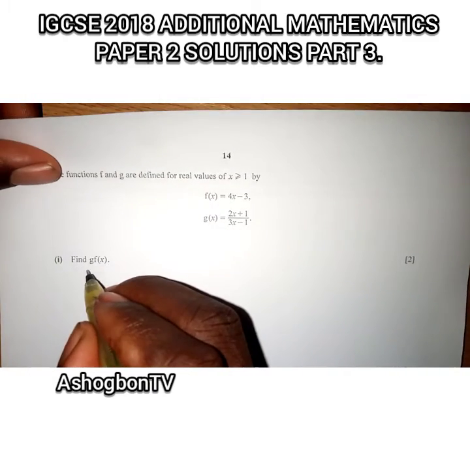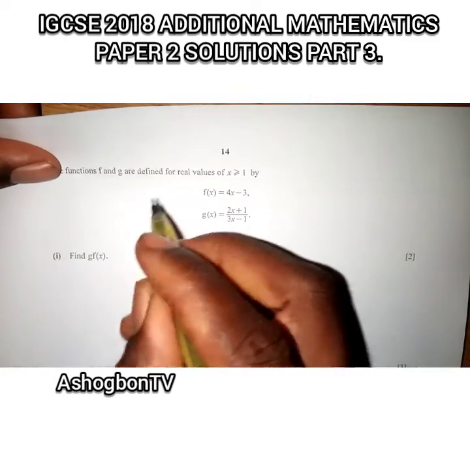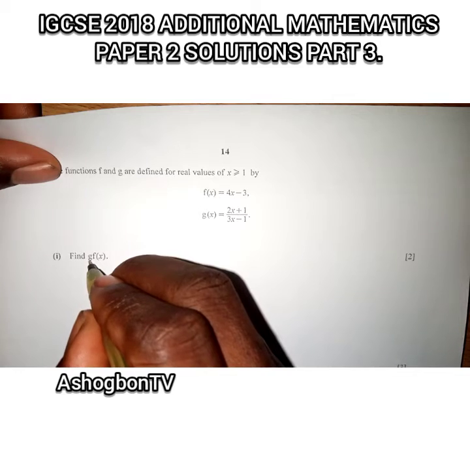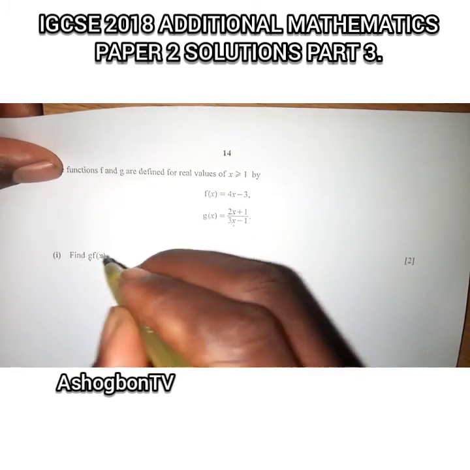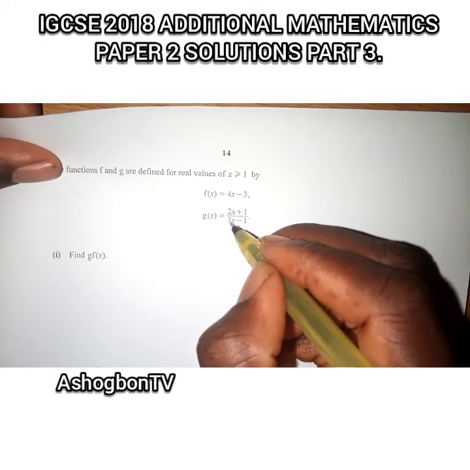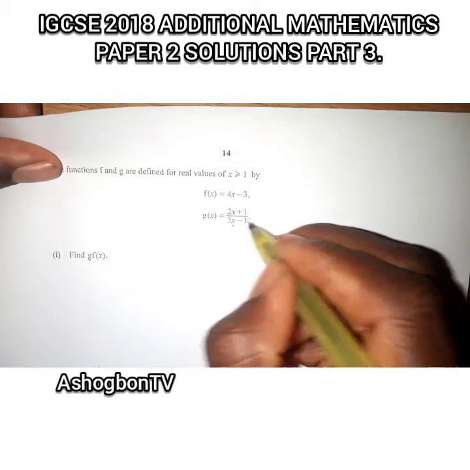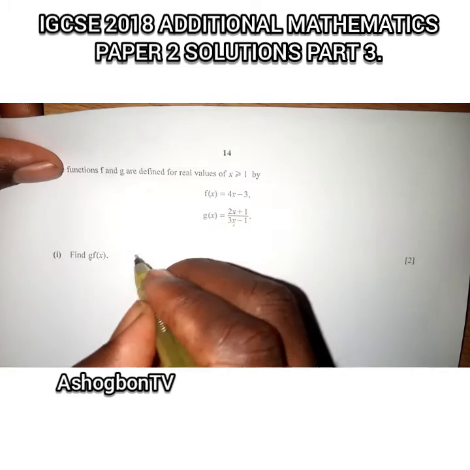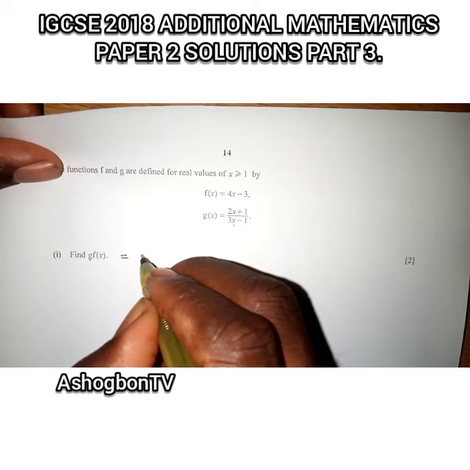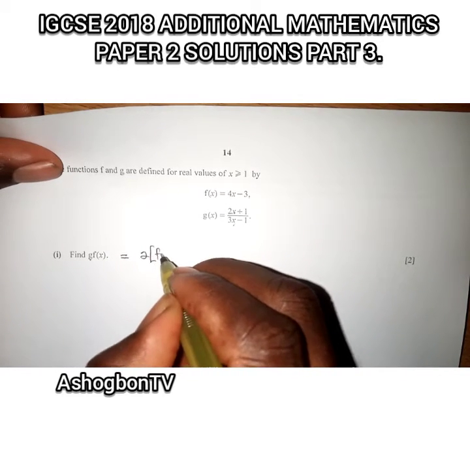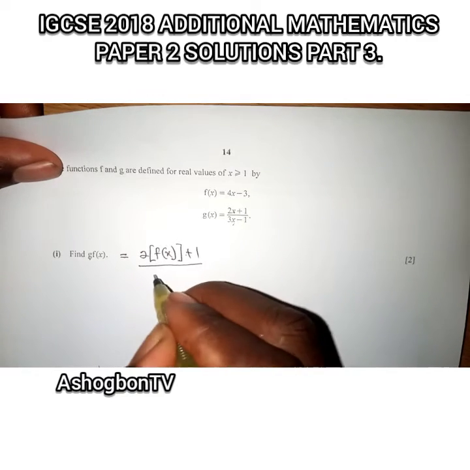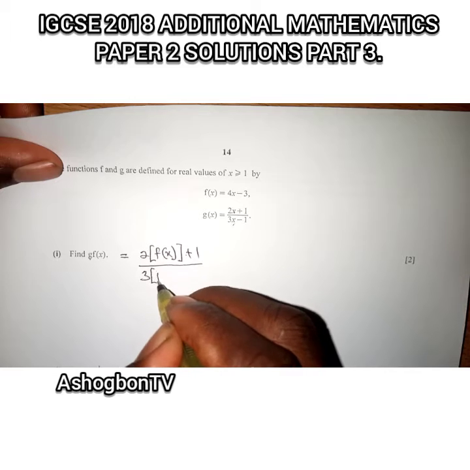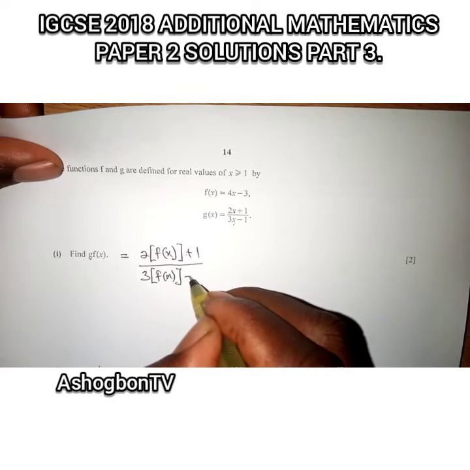So let's solve for g of f of x. Solving for g of f of x means in the g function, wherever you see x, put f of x there. So here I'm going to be having 2f of x plus 1 over 3f of x minus 1. So this is going to be 2f of x plus 1 divided by 3f of x minus 1.